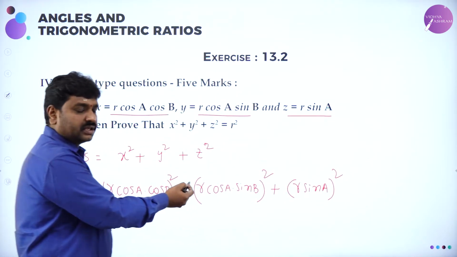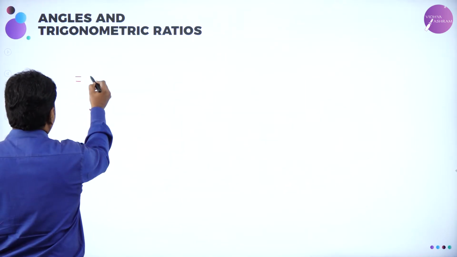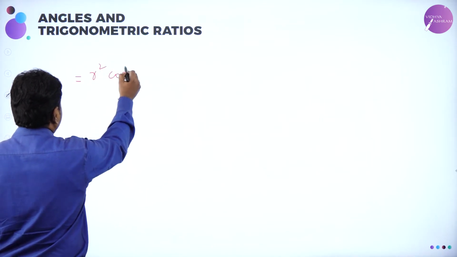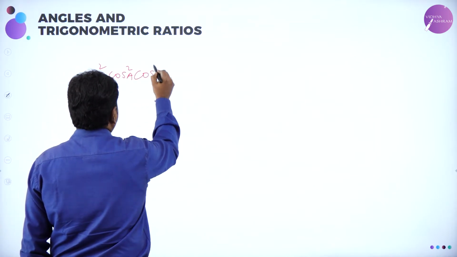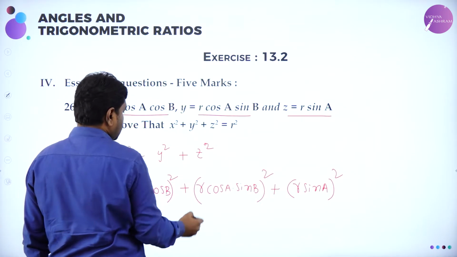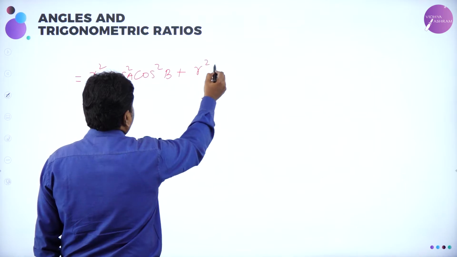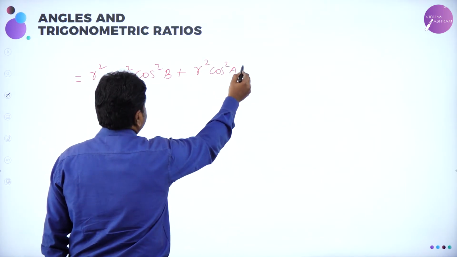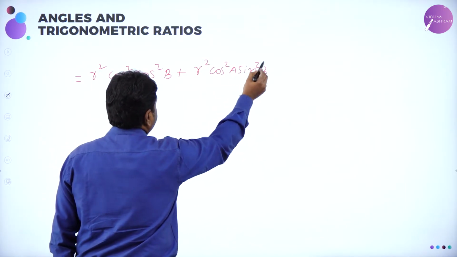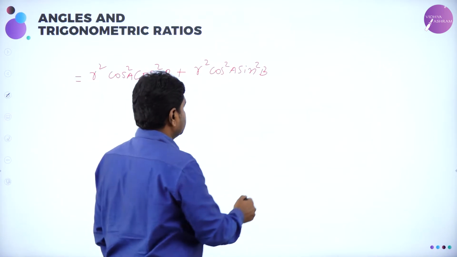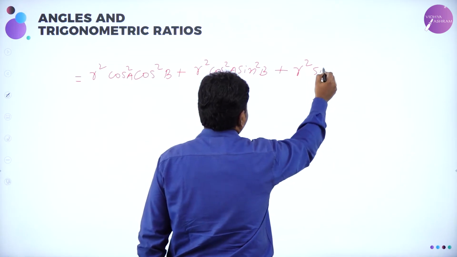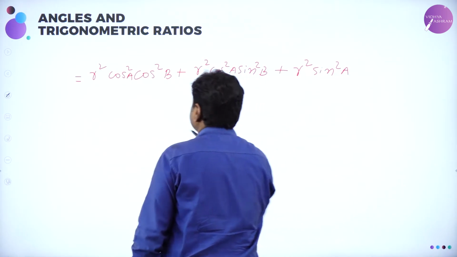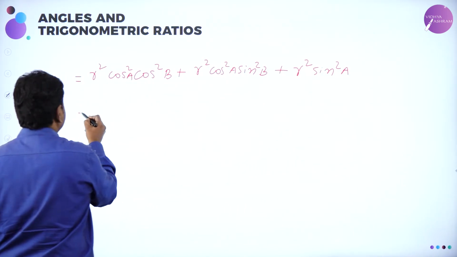Now take the square inside. So it will become r square cos square A cos square B plus r square cos square A sin square B, then plus r square sin square A. Now if you observe, all the terms are having r square.